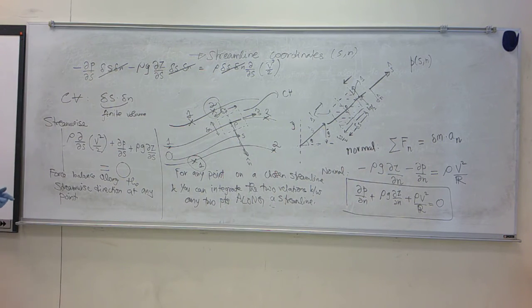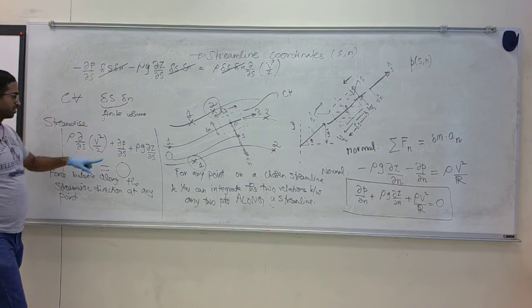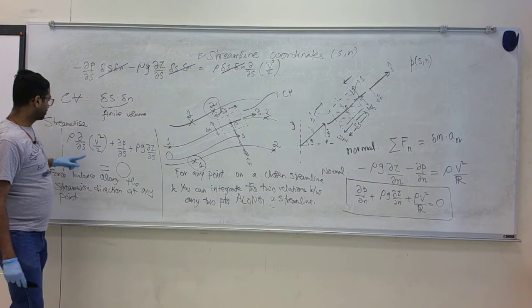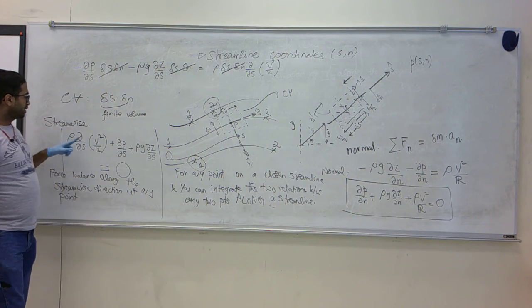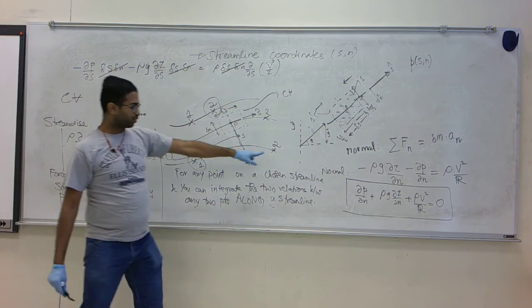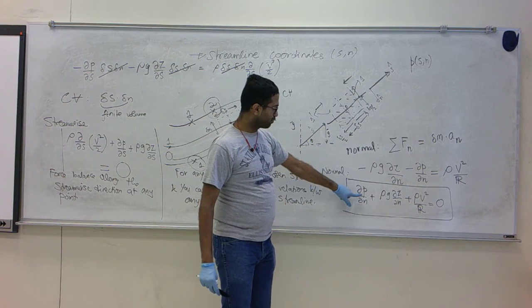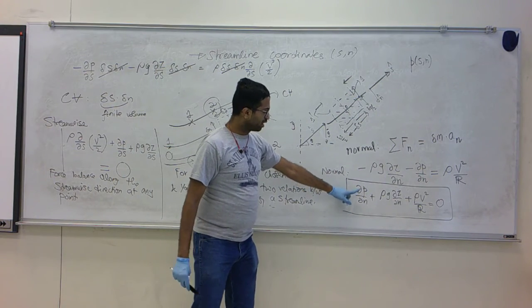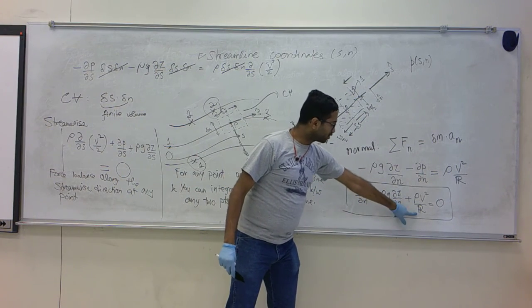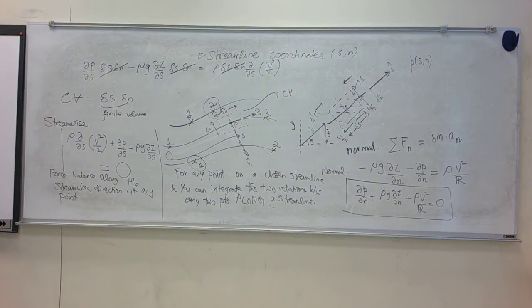So you should consider the velocity, pressure, height, density at point 1, the velocity, density, pressure, height at point 2. Likewise, you should consider the variation of pressure along the normal direction. You should consider the local radius of curvature and local velocity. So all these will be important.